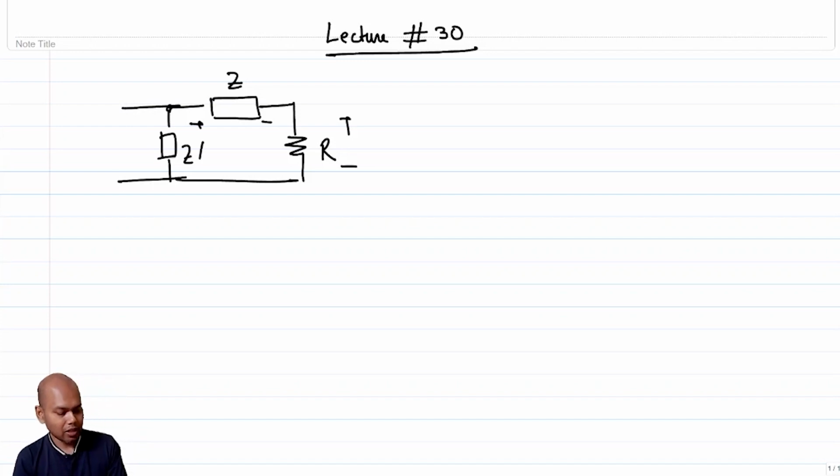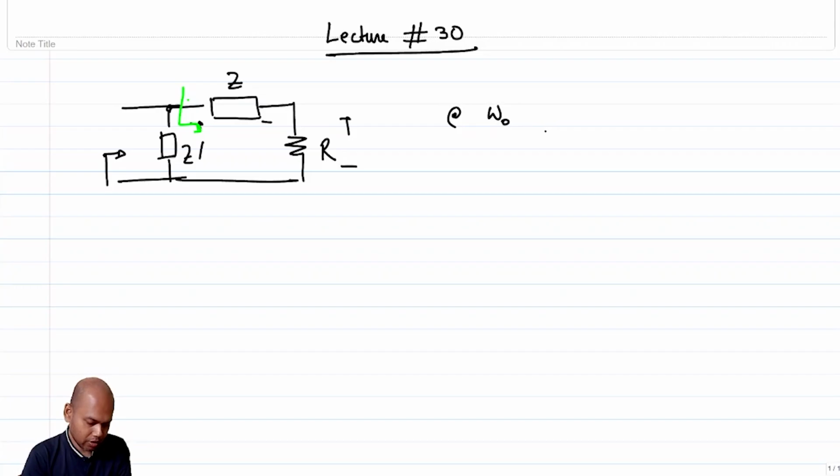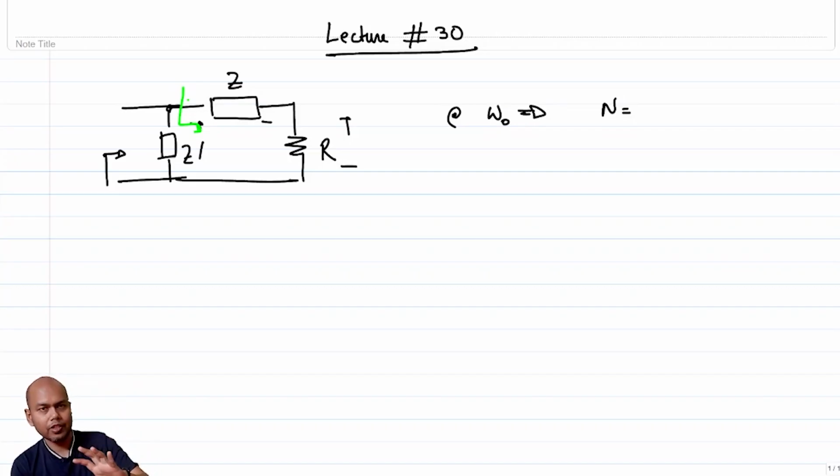If I put in another impedance Z prime, such that the imaginary part of this impedance gets resonated out with Z prime, then at some omega naught we get a transformation ratio N, which is equivalent to the step down voltage, effectively the ratio of the step down voltages.